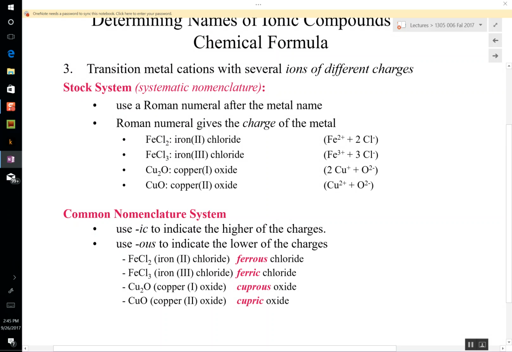And notice in here that this also discusses a stock or systematic nomenclature. The systematic nomenclature has to do with Roman numerals. It doesn't matter what element we're talking about, the Roman numeral 1 means +1.